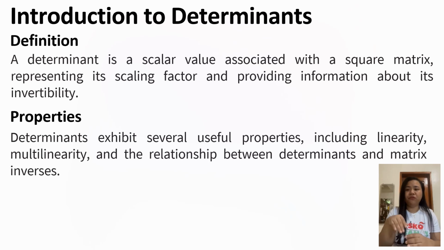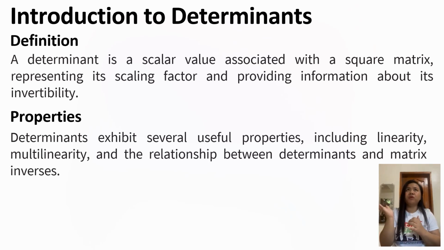We also have the multiplicative property: the determinant of the product of two matrices is the product of their determinants. We have det(AB) = det(A) times det(B).